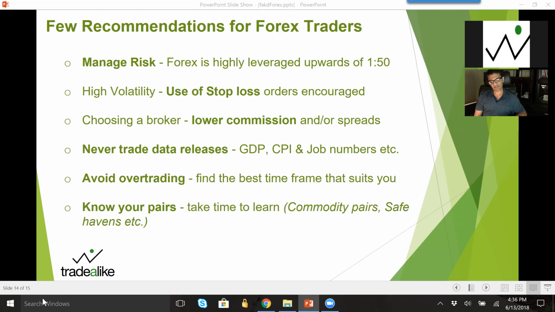So every day I know what the most important data is that's going to affect a certain pair. Since I just do 7 or 8 major pairs, I pretty much know which is which.